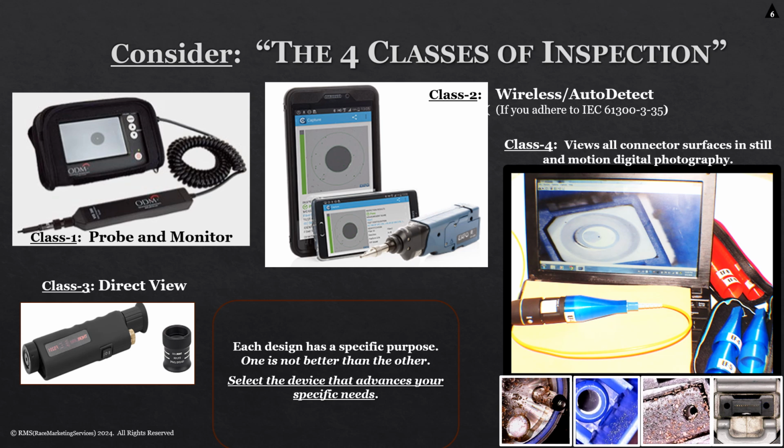These types of inspection are best used for quality control incoming and outgoing. The latest is Class 4. This is digital photography, still and motion imagery, that captures the connector surfaces, end face to adapter, alignment ports, alignment sleeves in digital color.